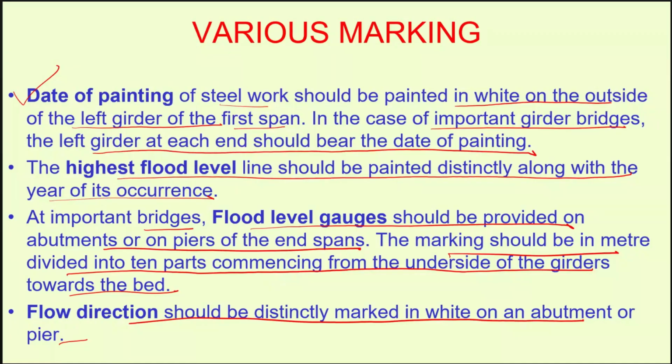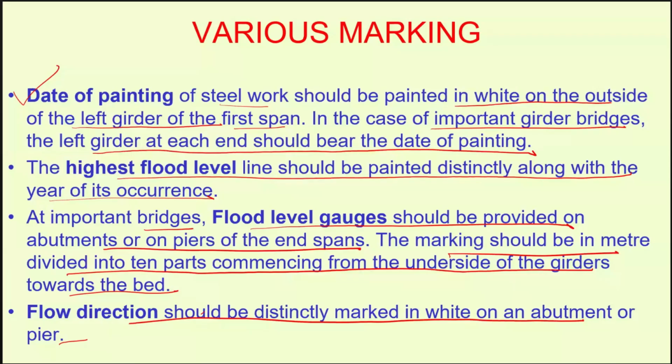Similarly, on the downstream side, if there is anything obstructing the flow of water, thus making the water head increase and again causing chances of washout of the bridge, you go and inspect. So that is how all these things are important. They need to be marked and then taken care of.